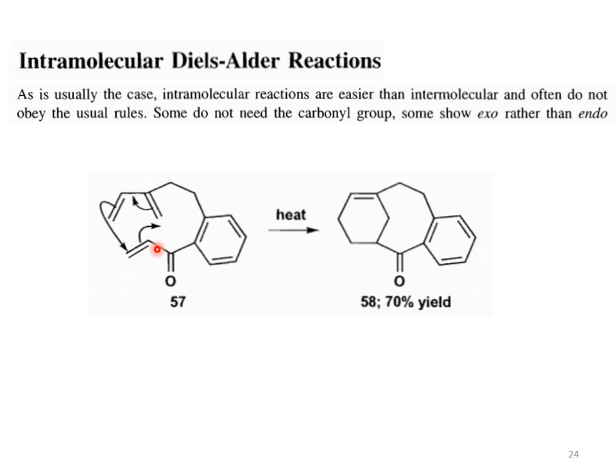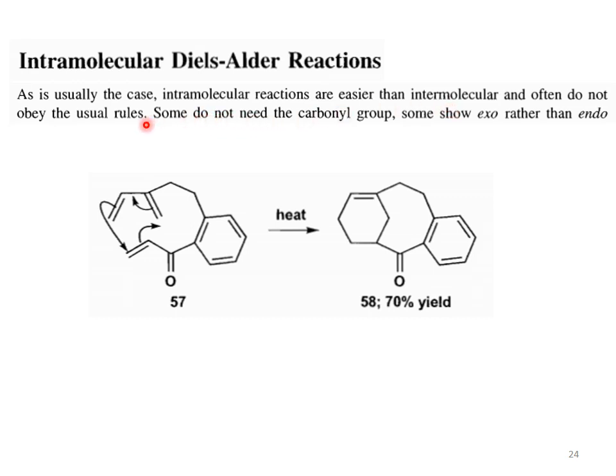See the compound 57. This is the diene and this is the dienophile, the double bond in conjugation with the electron withdrawing group. When this compound is subjected to heat, it gives us the 58 product with 70% yield. This new 6-membered ring is formed.